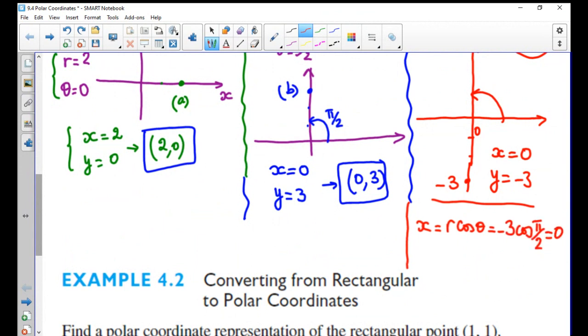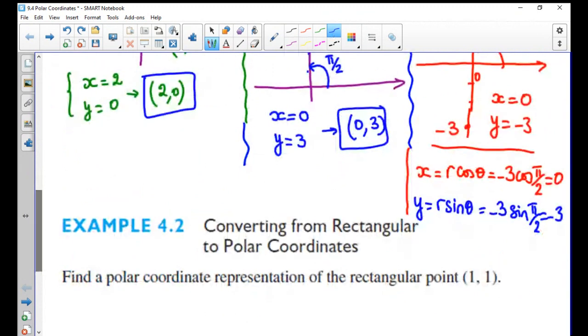You will see that this will give you 0, and the y is r sine theta, so it's -3 sine pi over 2, and this will give you the y is -3, like this, and that is basically our rectangular coordinates, 0, -3.